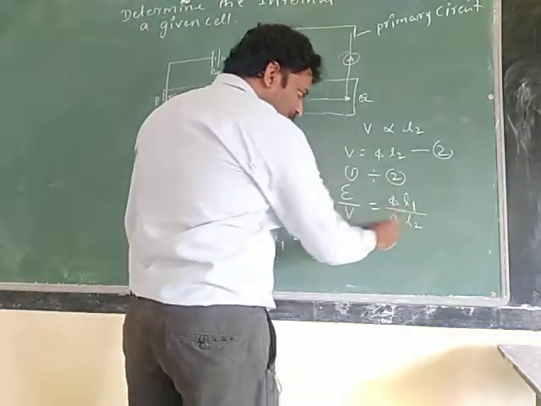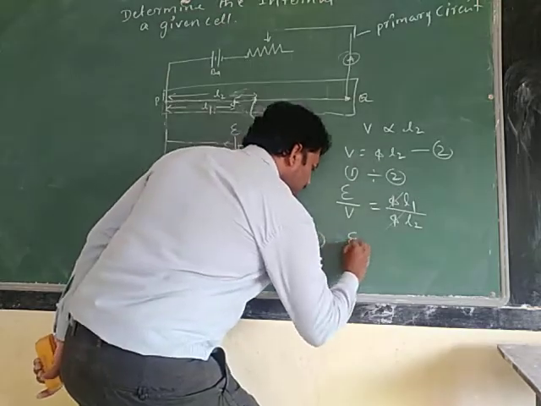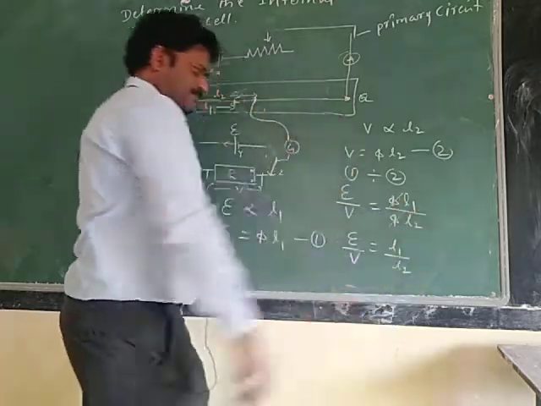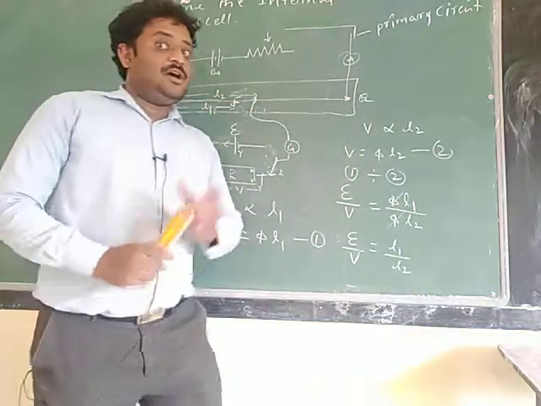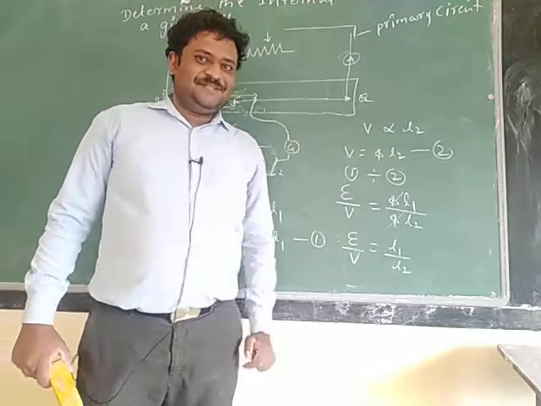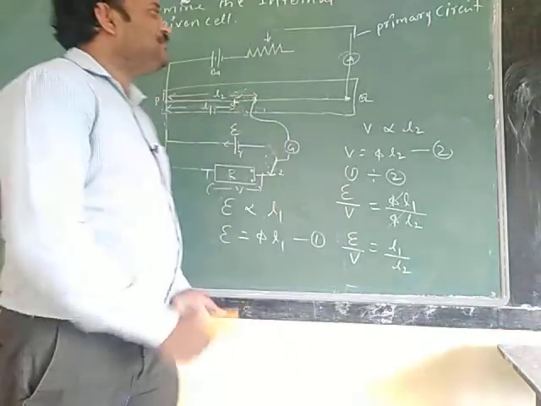Here phi will get cancelled. So E by V is equal to L1 by L2. I hope it's clear for each and every one. Say yes or no? Yes.